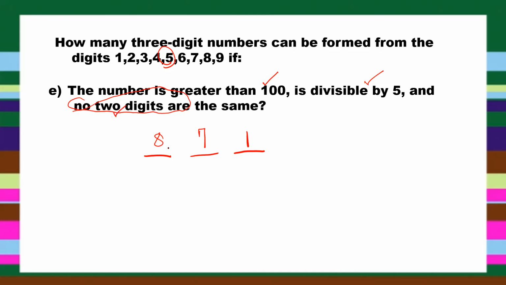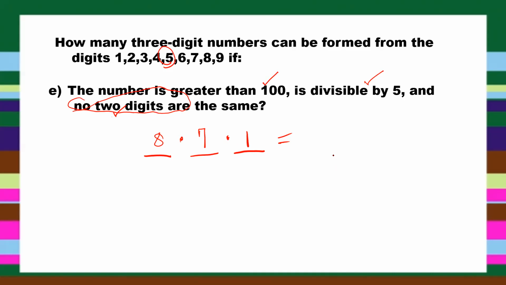Check also, because we are not going to use the same number. So all in all, we have 8 times 7 times 1 is equal to 56.